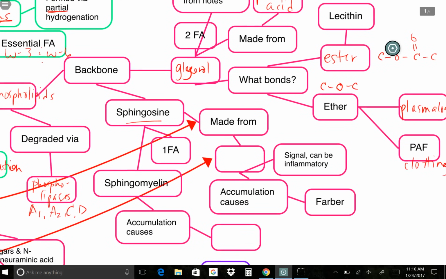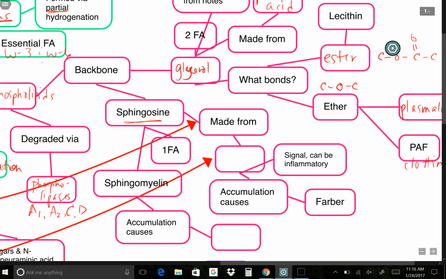With our sphingophospholipids, that has a sphingosine backbone, there's only one fatty acid attached to our sphingosine backbone, and the only sphingophospholipid that we talked about was sphingomyelin. Our sphingosine is made from a ceramide.